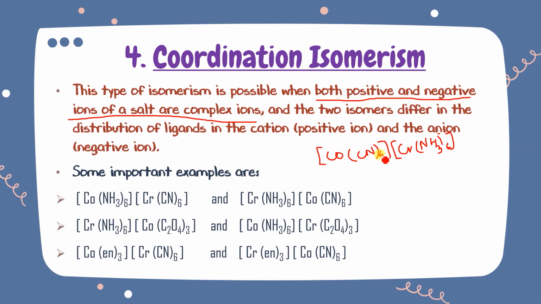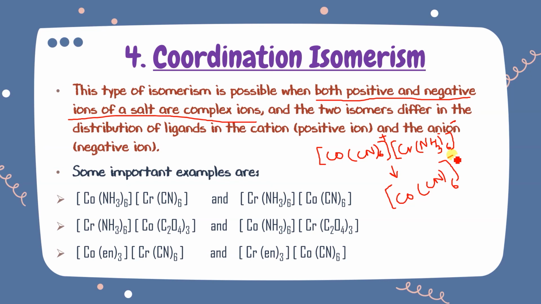As I told you, this is the +3 oxidation state, like cobalt. So this cation is in +3, and they are going to have the same oxidation number. Let me assume that this is having plus and this is having negative. If it splits into ions, this is Co(CN)6, and it will have a minus charge.